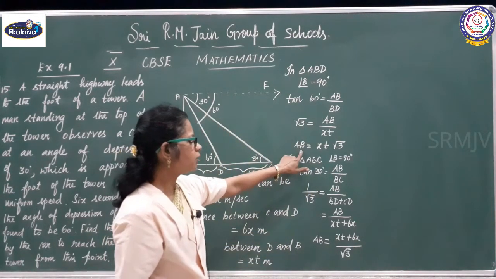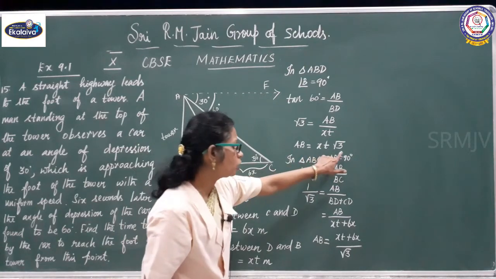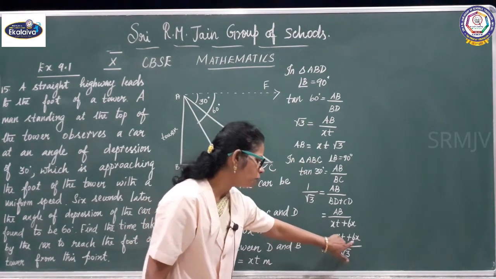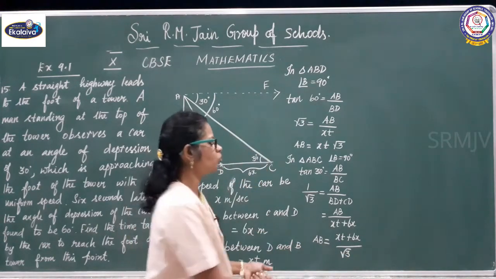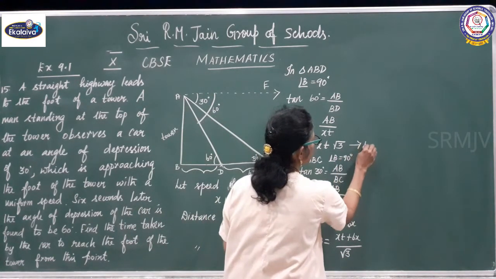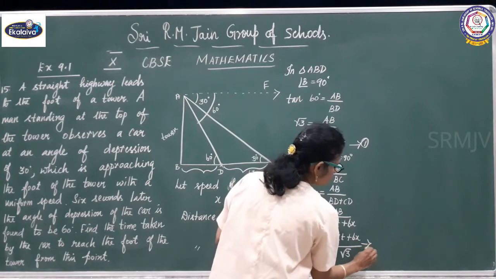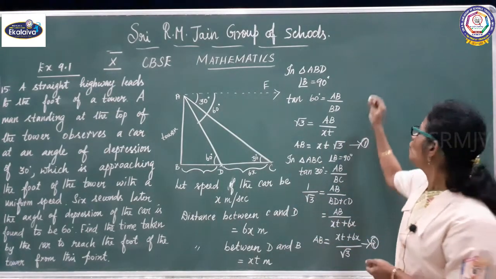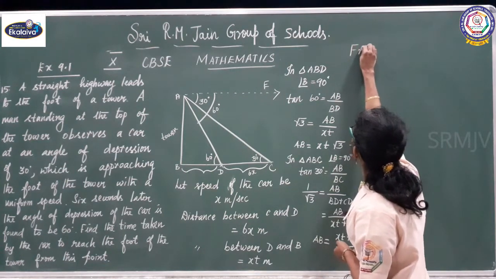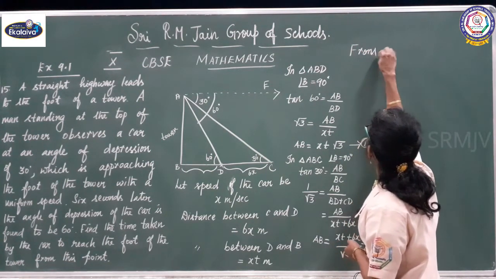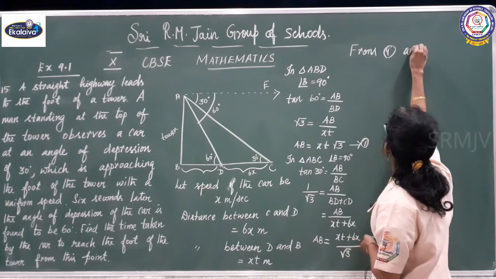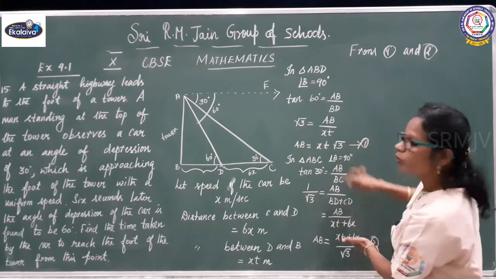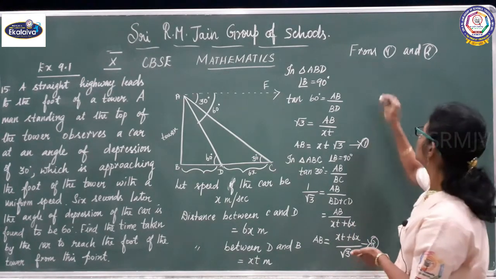Here we arrived the result as AB equal to xt root 3. Here you arrived the result as AB equal to xt plus 6x divided by root 3. You should consider this as equation number 1, this as equation number 2. From 1 and 2, what you can observe, children? The left hand sides are equal, so you can equate the right side.